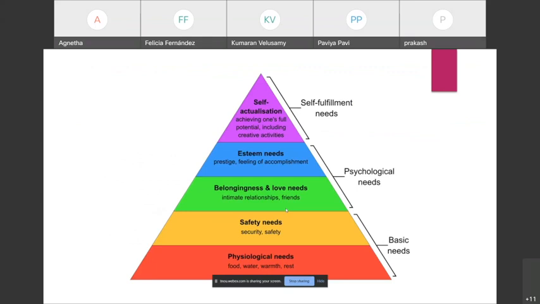Then we have the psychological needs, which are your belongingness and love, intimate relationships and friends. And then esteem needs, which are prestige and feelings of accomplishment. And finally the self-fulfillment needs, which is your self-actualization, that is achieving one's full potential. So this is the hierarchy which was given by Abraham Maslow. Okay, it's called the hierarchy of needs.